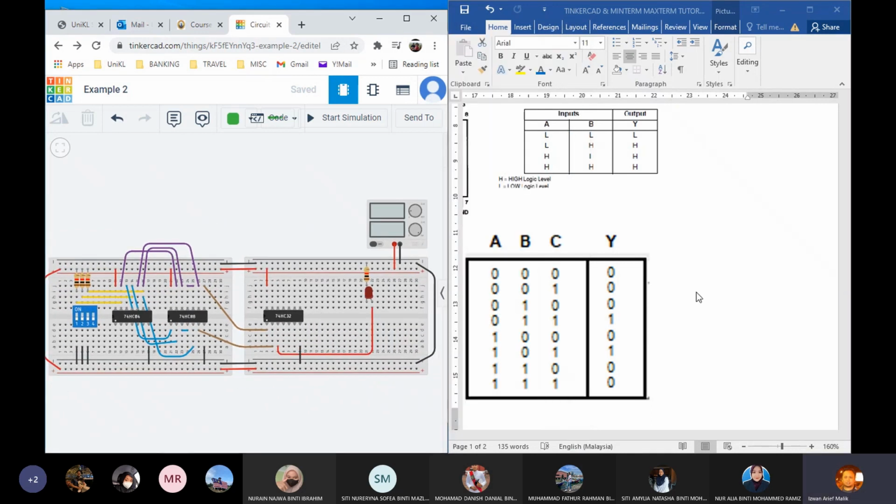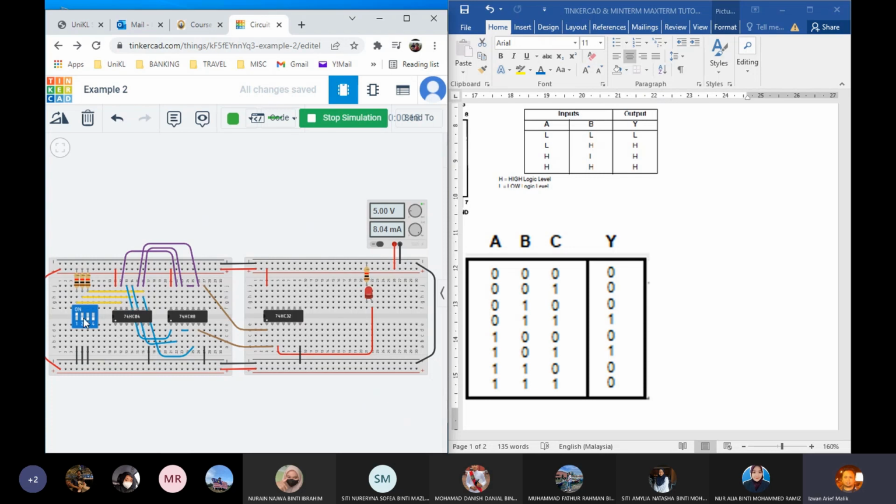Okay, so when it is 0, 0, 0, then dia akan padam. So you simulate 0, 0, 0, dia akan terpadam, snap 1. Then paste dekat you punya answer. And then 0, 0, 1 pun terpadam. So buat 0, 0, 1, still tak menyala. Snap, letak 1. 0, 1, 0 pun tak menyala.